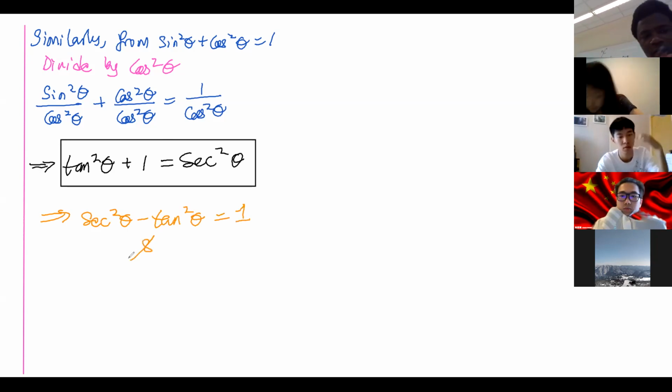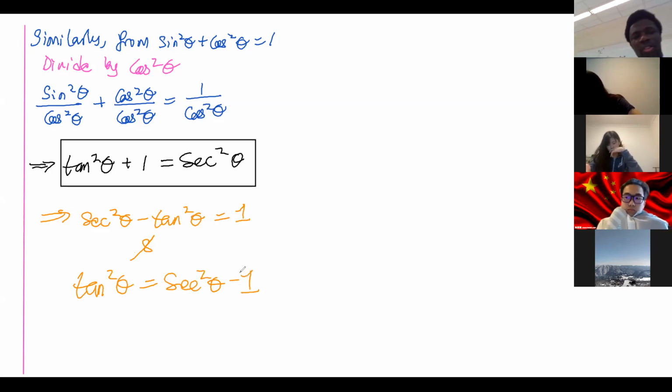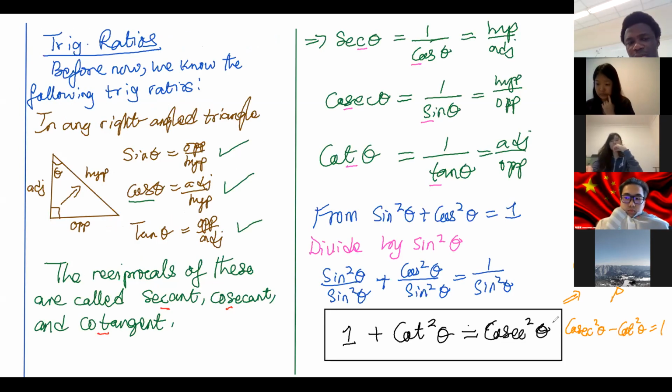And another equivalent relation: tan squared theta equals sec squared theta minus 1. Perfect. So these are two equivalent statements from this. So these three are the Pythagorean identities.